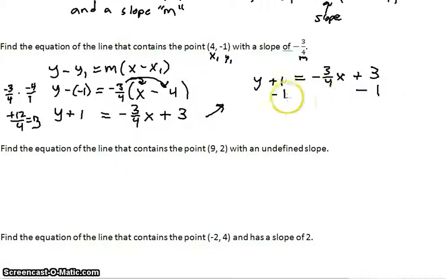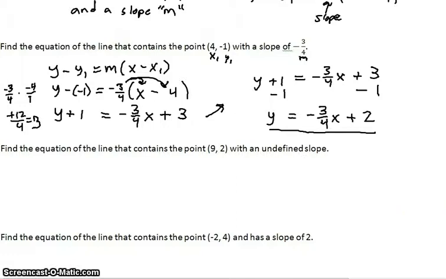So I'm going to minus 1 to the other side. Okay? So what I have left is y equals, I didn't have anything to combine with this negative 3/4 x, so I'm just going to leave that alone. And then I'm left with plus 2. So the equation of my line is written right there. So there is my answer.